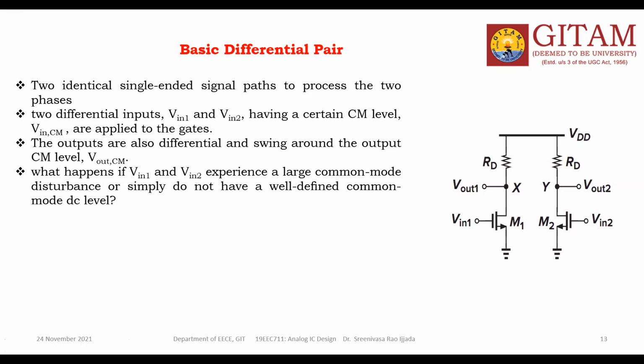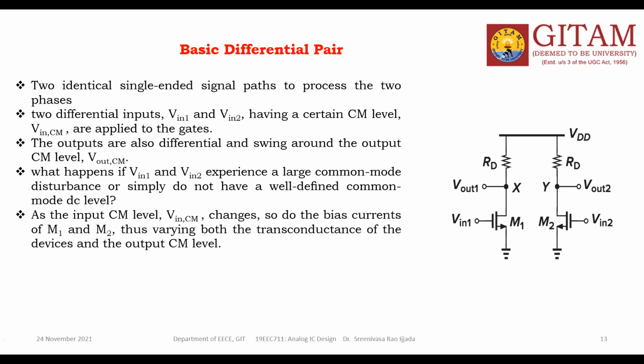Whether both are the same or both are different, what kind of issues will we get? We'll discuss that here. Now, when the input CM level changes, do the bias currents of M1 and M2 vary, along with the transconductance of the devices and the output CM level?